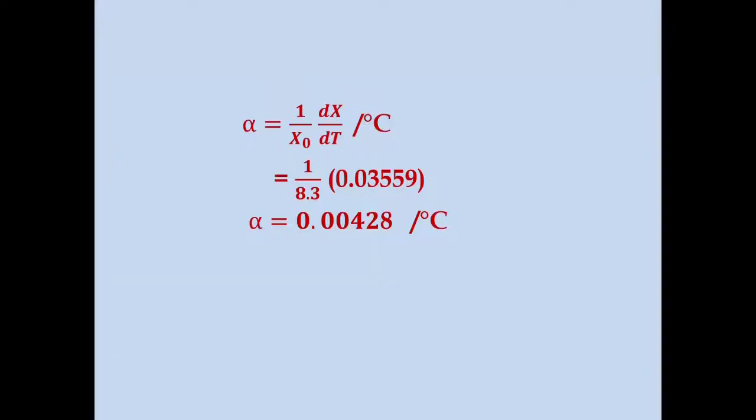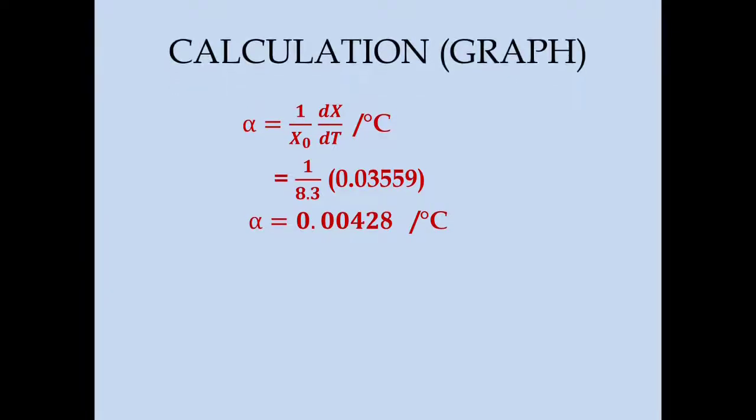Along dx we have 2.1, along dt you have 59 centimeters. So it is 2.1 divided by 59, and you get 0.03559 as your slope. So using this value you can find the value of alpha from the graph.